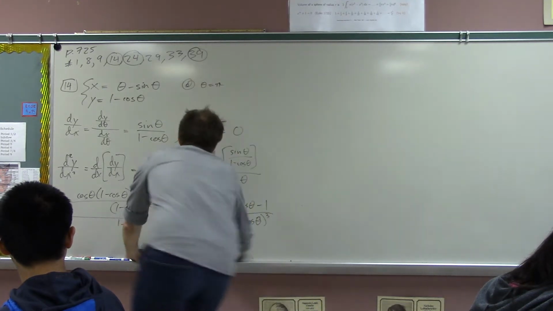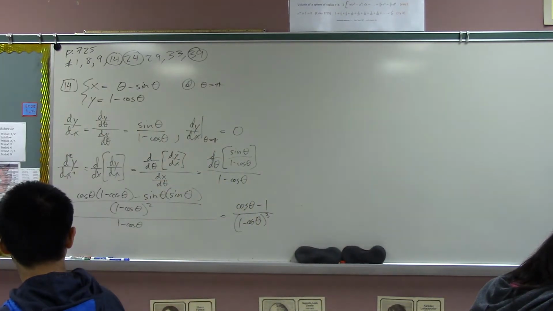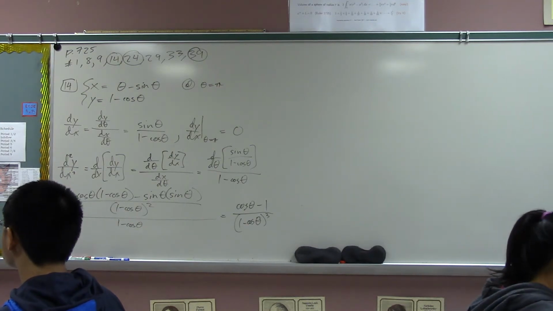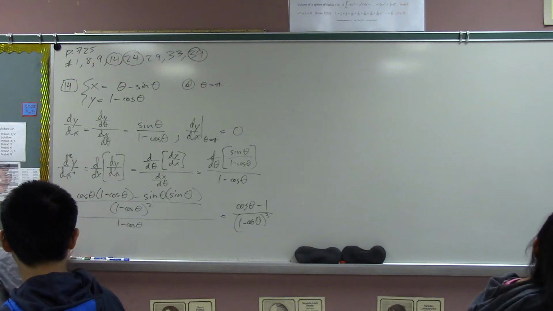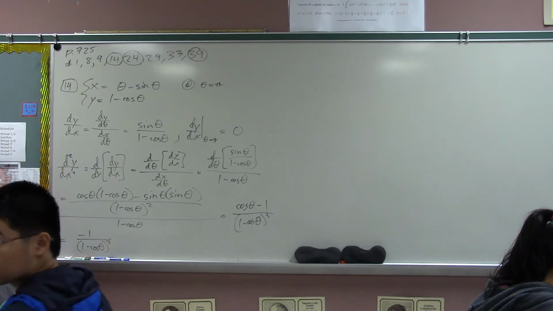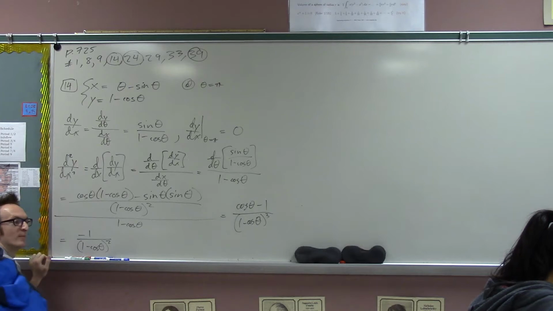Even that will simplify because I can cancel one of the 1 minus cosine thetas after pulling out a negative. So my answer is negative 1 over 1 minus cosine theta squared. Is that what you guys got? Prem got that, good.